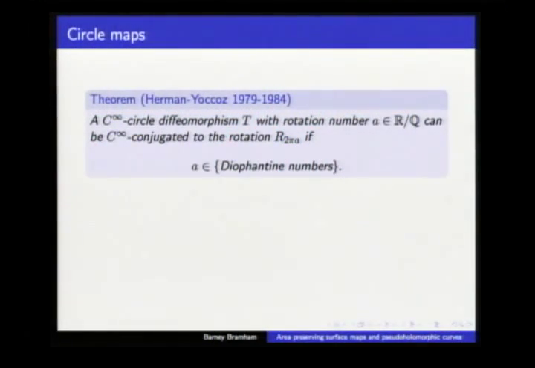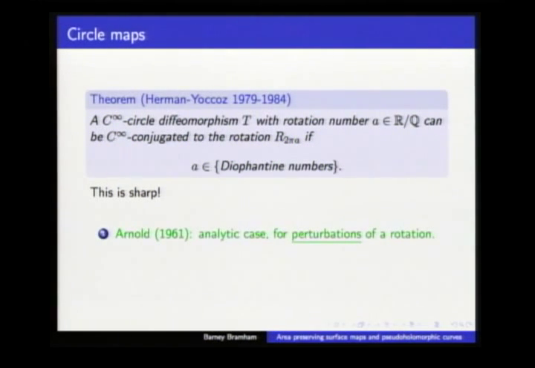So just from this arithmetic property of the rotation number, you know this. And I believe Herman proved that this is true for some set of full measure, instead of actually Diophantine numbers. And then Yoccoz proved this for the Diophantine numbers, and even moreover he showed that this is actually sharp. So for the Liouville numbers, this is always not the case, and he got the Fields Medal for this.